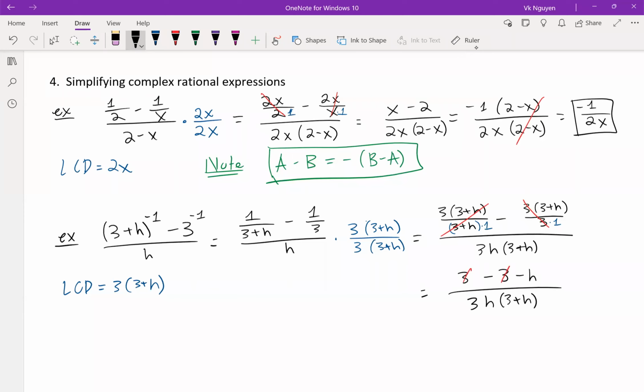Negative h is the same as -1 times h over 3 times h times 3 plus h. We get a common factor h, so cancel it out. And we have -1 over 3 times 3 plus h.